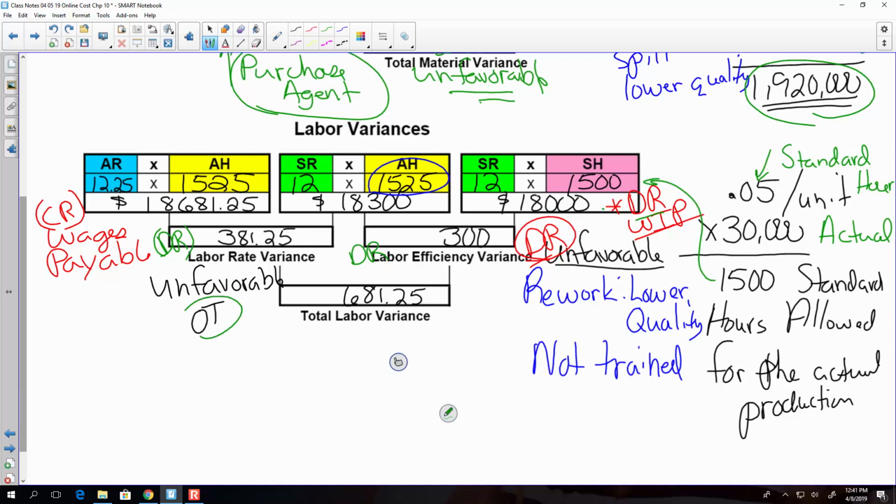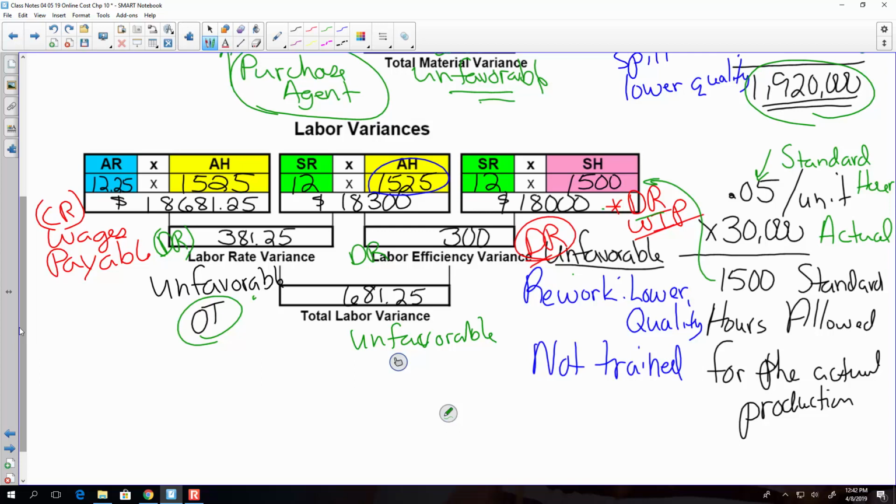Maybe there was some overtime here that caused me to have a rate variance which was more than what I thought. So in this case, the unfavorable rate and unfavorable efficiency variances give me a total unfavorable labor variance. This time we're adding the two because they're in the same direction.